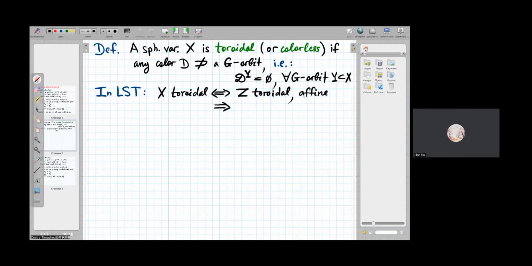And this implies, since Z is also affine, that every regular function on Z which is semi-invariant with respect to the Borel subgroup of L is actually semi-invariant with respect to L itself.